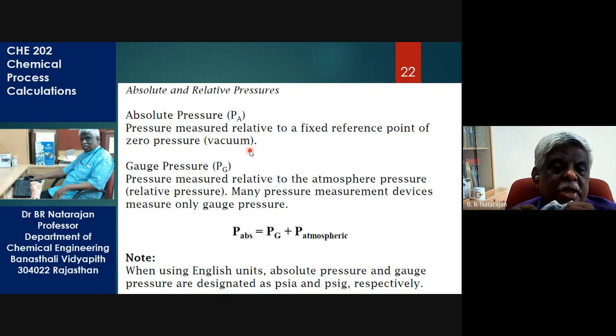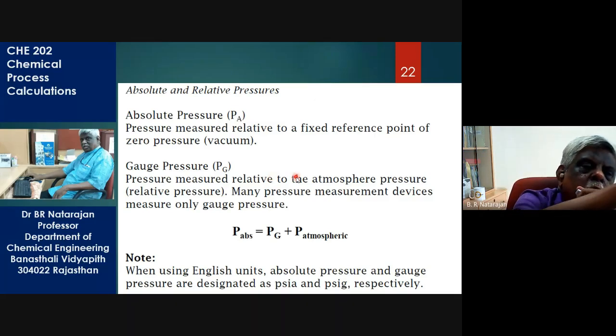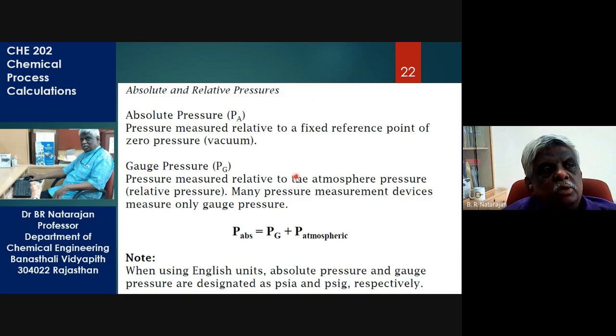But what we measure normally is what is known as relative pressure or gauge pressure. You put a pressure dial, no? Like when you fill air in your car tire, they check the pressure. That is actually giving you the gauge pressure, not absolute pressure.